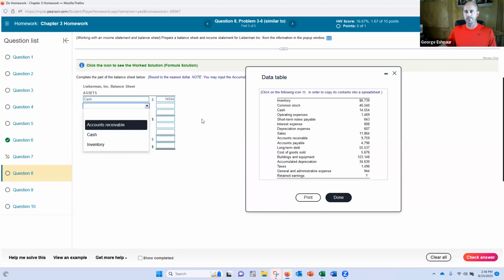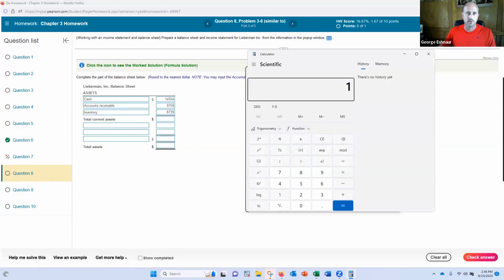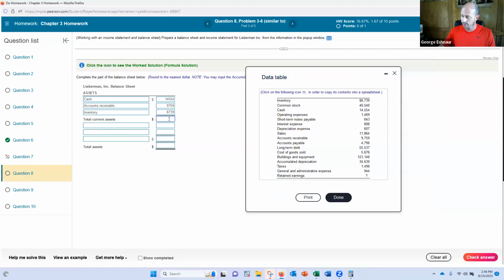Let's just see here. AR. Let's do inventory. And then we just add those up. Let's see if it might have it.